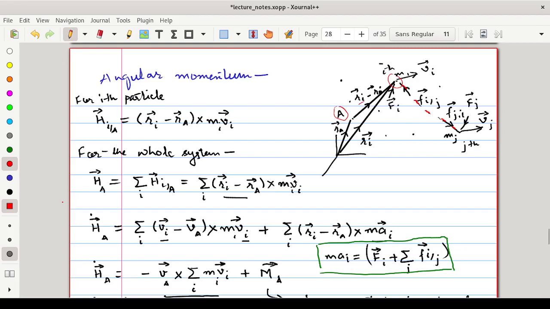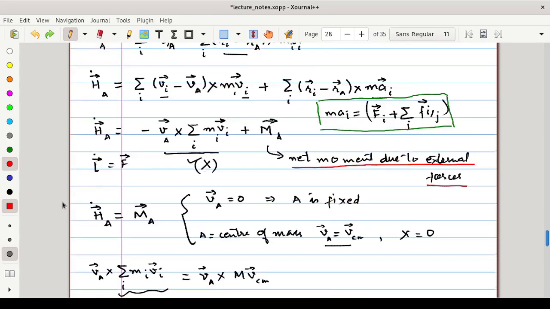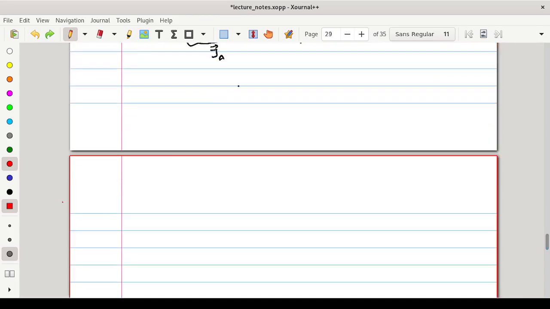So we took this vector Ri minus Ra and took its cross product with the Mi Vi, that is the linear momentum of the particle. And when we add up these quantities Hi for all the particles in the system, we get the angular momentum of the whole system. We had seen this in some detail.